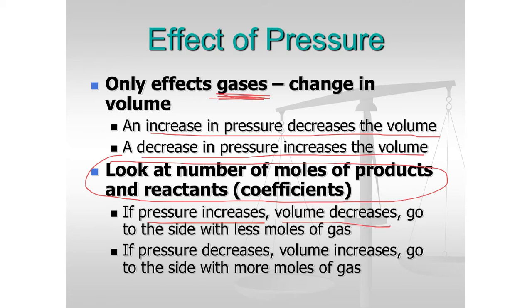We would need to proceed to the side that produces fewer moles of gas, because that would help to alleviate the overcrowding. In reverse, if our pressure decreases, that causes our volume to increase, and all those particles are going to expand and spread out. So then you would want to make more moles to offset that.